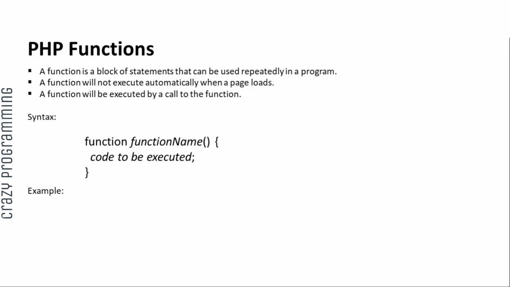Let's check an example. I use PHP, then function, and my function name is writeMsg, and inside it I just print Hello world. To check this, I call the function writeMsg outside the function, as you can see.